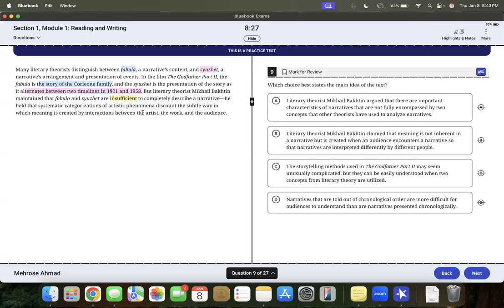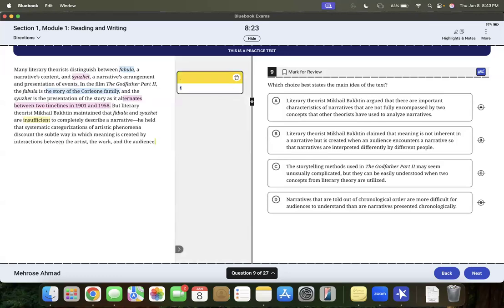Okay, so my 1 second summary will be Fabula versus Suzette versus Bakhtin. They talk about a fabula, they talk about Suzette, but then the last sentence says this theorist is saying these words are incomplete, and categorizing art in this way is like discounting the uniqueness or the nuance of it. So these are all different trains of thought.